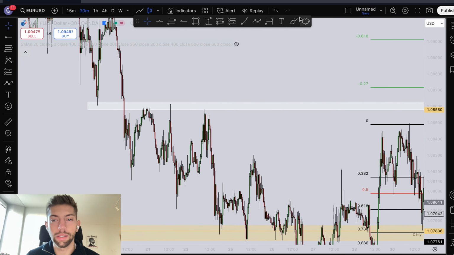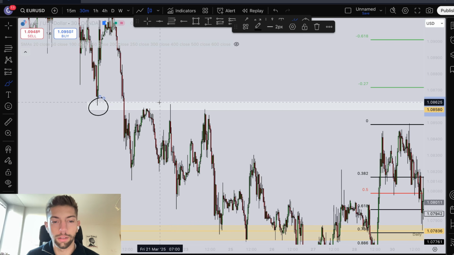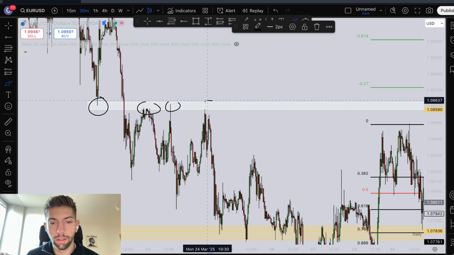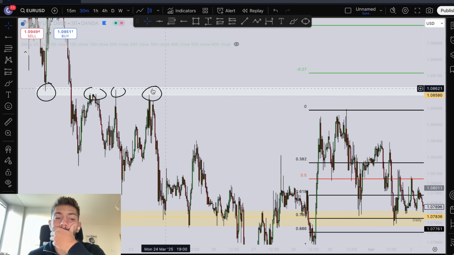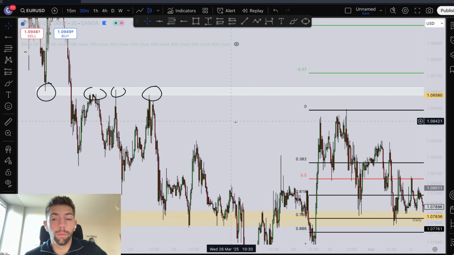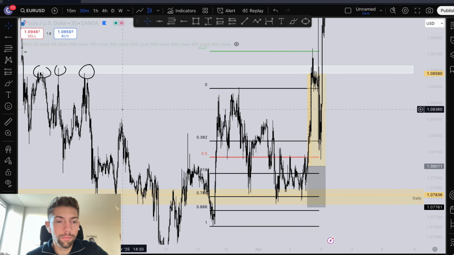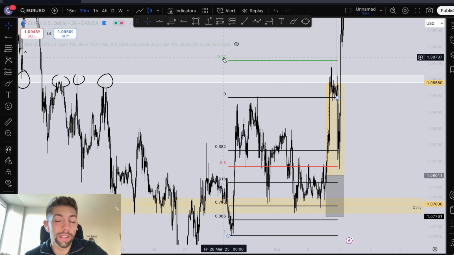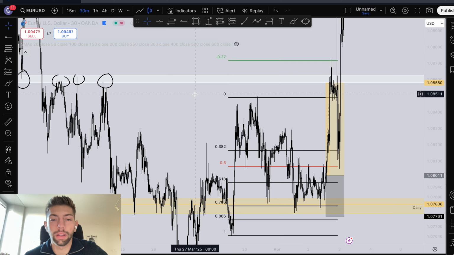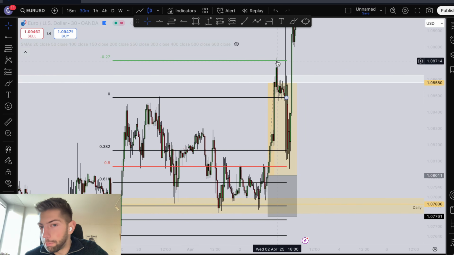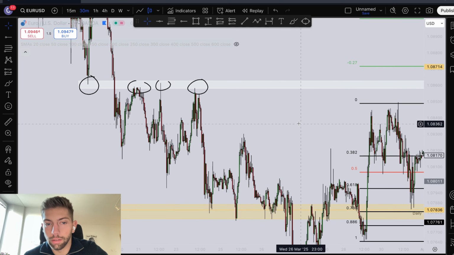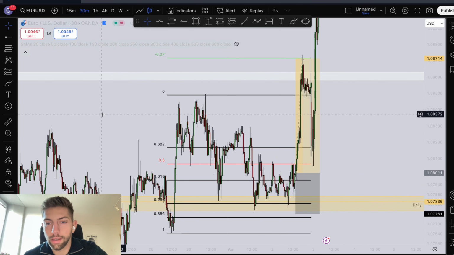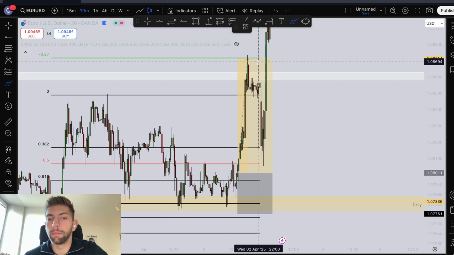I noticed we got this previous level of structure right here, this level of resistance here and here, possibly here, and I noticed selling pressure in the past at this level, though I was thinking we were going to get to the negative 27. As you can see, we barely tapped it, which is cool, but it was just a grab of liquidity of all of these highs.